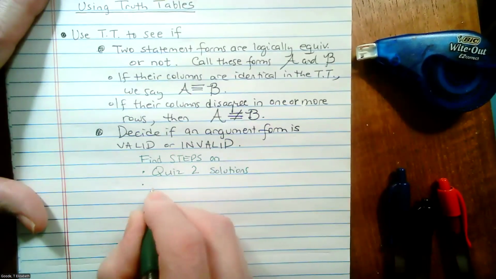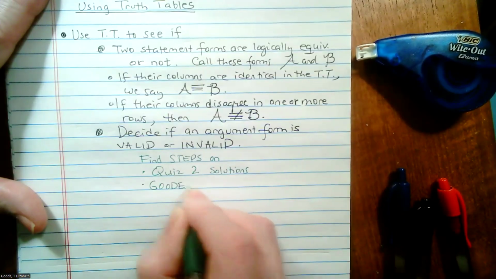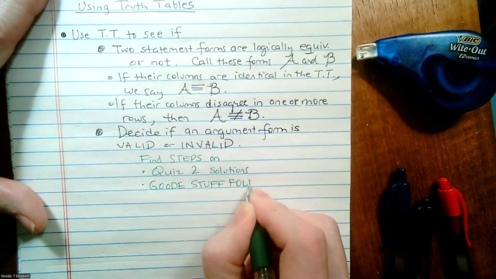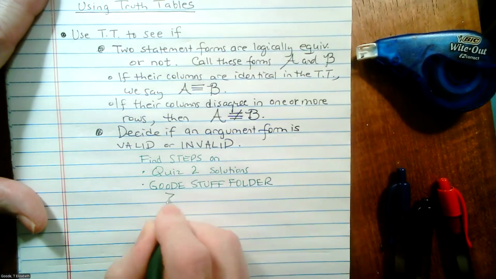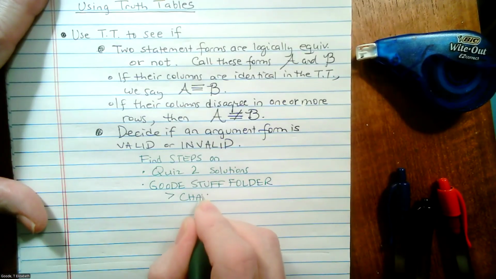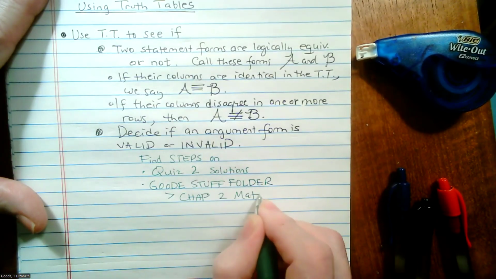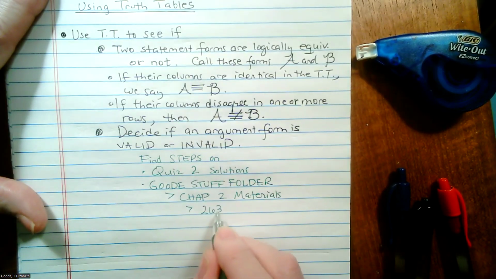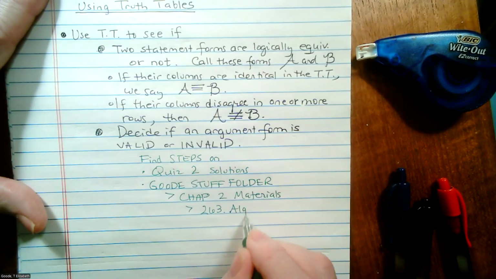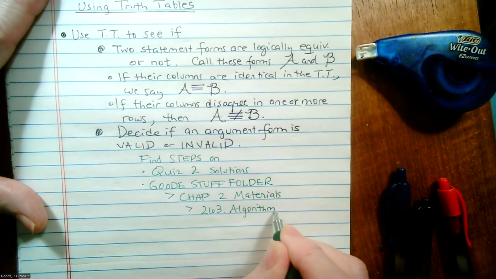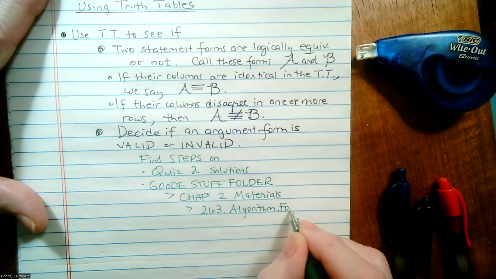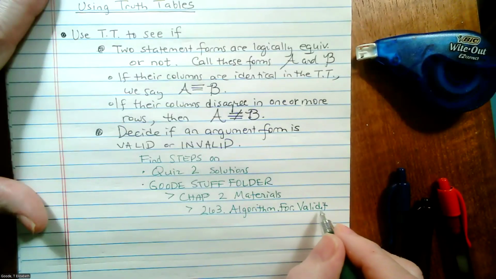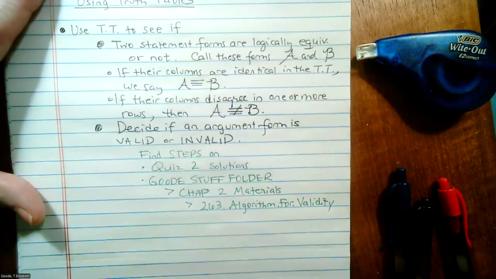Or in the good stuff folder, and the subfolder was chapter 2 materials. And then there was a document called 263 algorithm for validity.